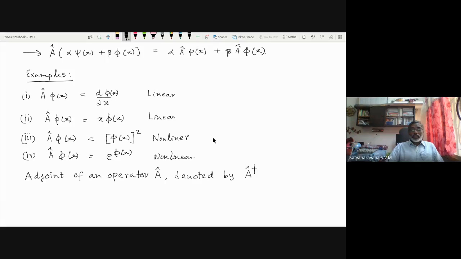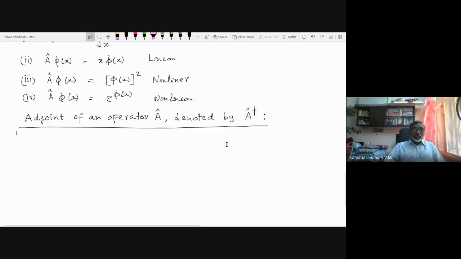So this is A and this is A dagger. Now please understand this carefully, because this definition is very important.